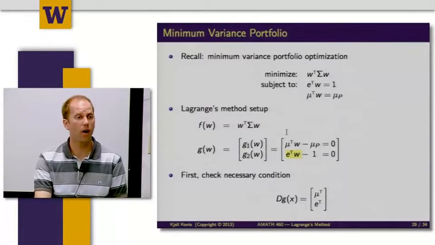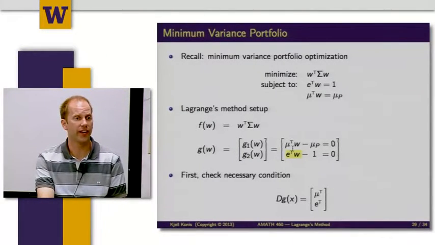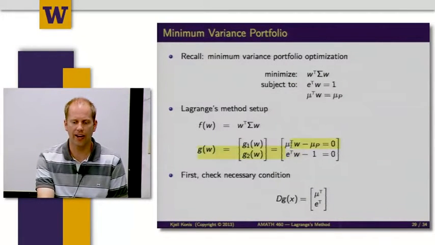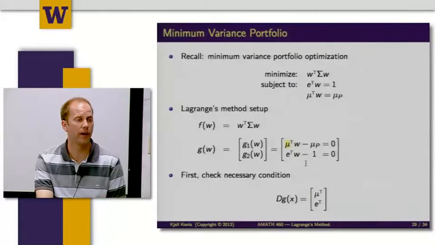So if the vector 1, so 1 in every element, is proportional to any vector that has the same number for every element. So as long as I have at least 2 distinct expected returns among my assets, then this matrix is going to be full rank. It's going to have 2 pivots for 2 rows.